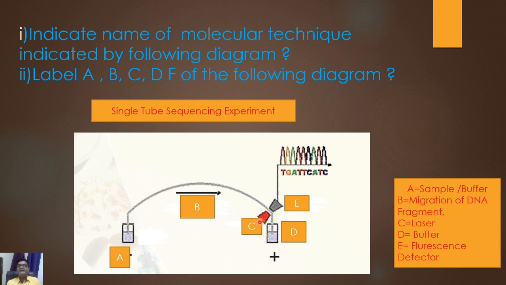C is the laser beam. The laser beam detects each one on the basis of the presence of the tag of four different colors of fluorescent dye, and peaks in the autoradiogram.